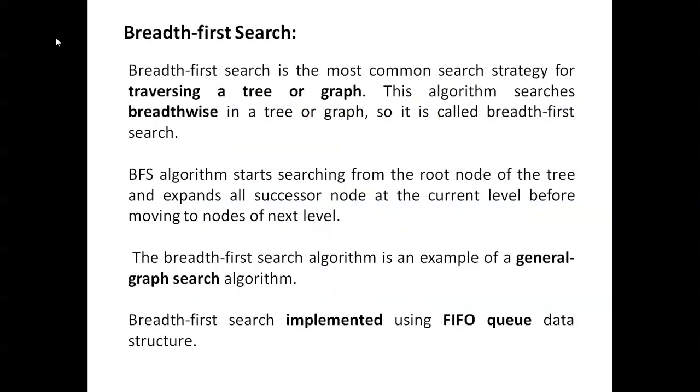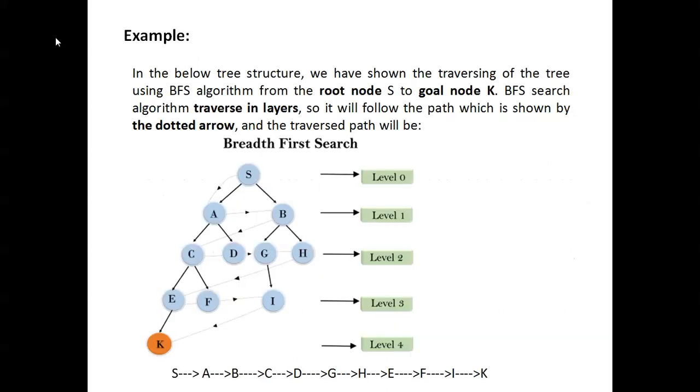Now we are going to see what is breadth first search. Breadth first search uses a first in first out queue structure. For example, it starts at the start node S and ends at the goal node. It travels left to right, breadthwise: S to A, B, C to G, H. It could go directly to K, but it won't, because it works only breadthwise.